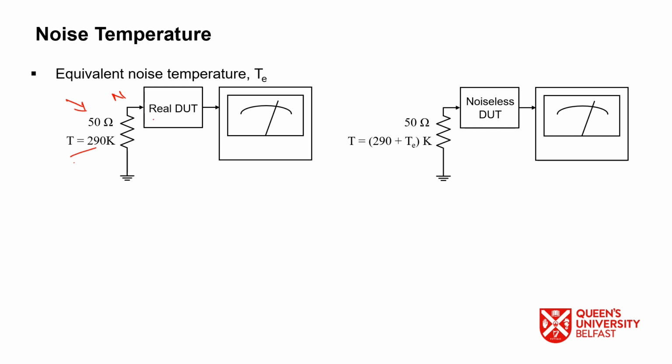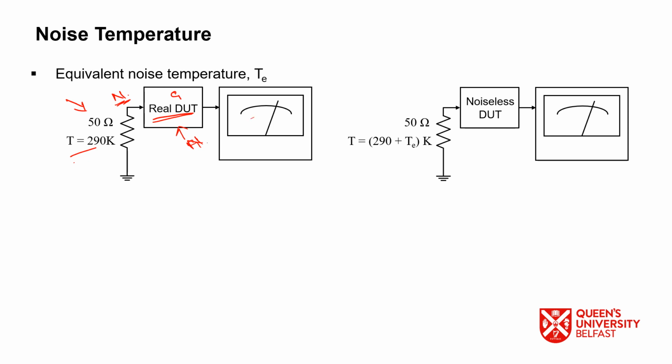We have a real DUT here, that is device under test, which can be a receiver or an amplifier that will have a gain value. If we want to see what exactly we will get at the output, we will get two components: one is this noise being amplified by this gain, plus the noise that is a part of this receiver.